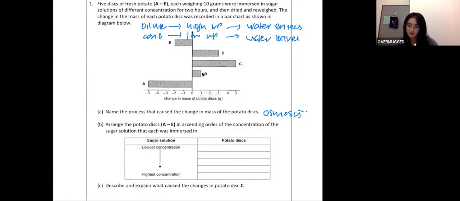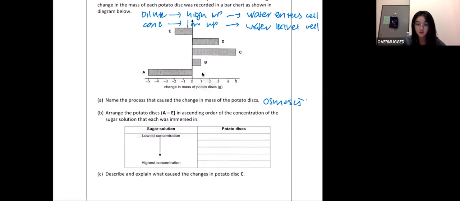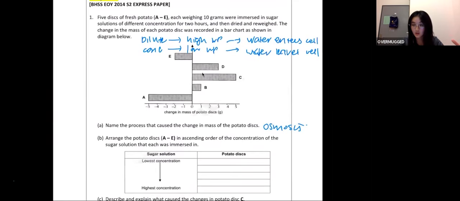So this is the cell. Dilute solution means water enters the cell. Concentrated solution means water leaves the cell. So if water enters a cell, what do you think is going to happen to the mass? Mass is going to increase. For concentrated, if water leaves the cell, what do you think is going to happen to the mass? Mass is going to decrease.